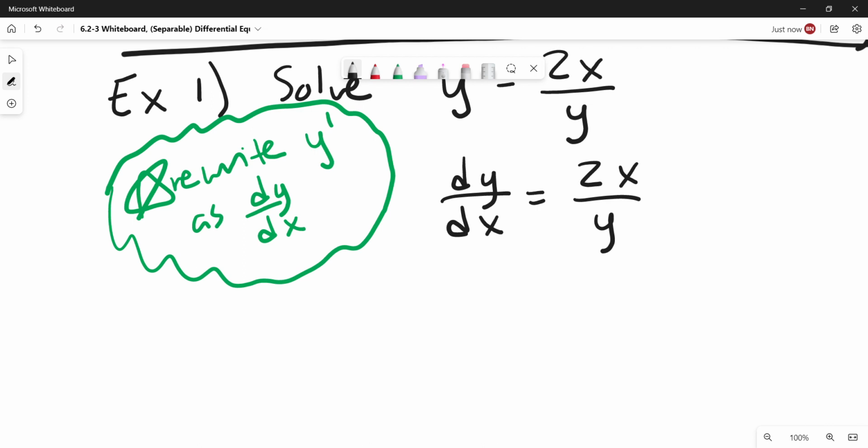Well, if I moved the x's to the left side, I'd have to divide both sides by x, and for the y, I'd have to multiply both sides by dx. And I'd have 1 over x dx equals 2 over y dy.